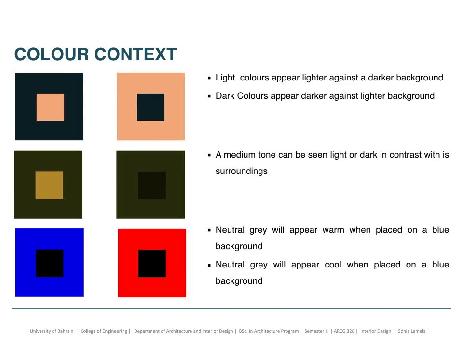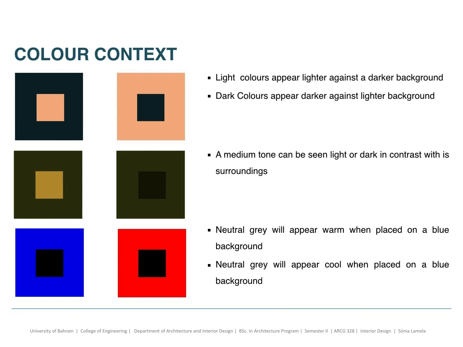So to sum up, light colors appear lighter against a darker background, and dark colors appear darker against a lighter background. A medium tone can be seen as light or dark in contrast with the surroundings.